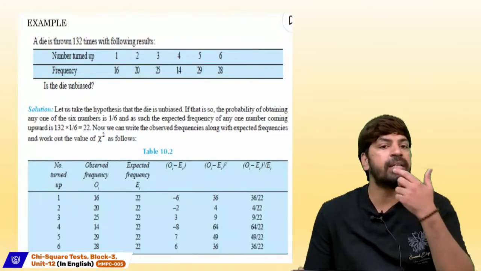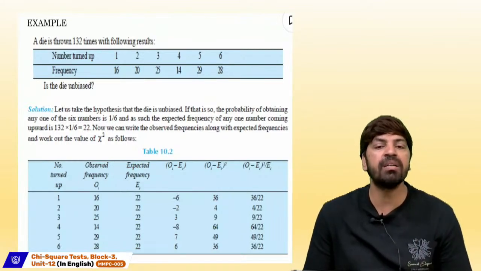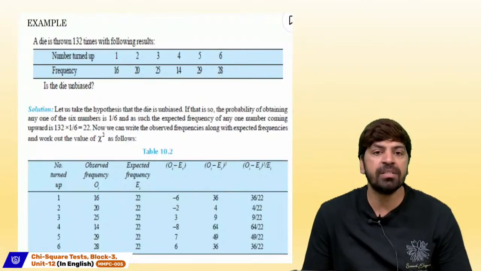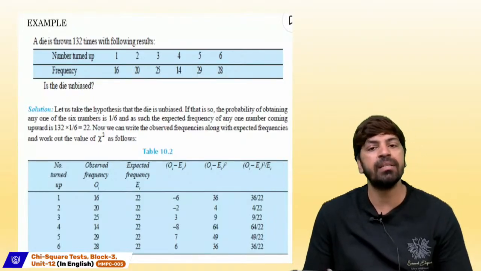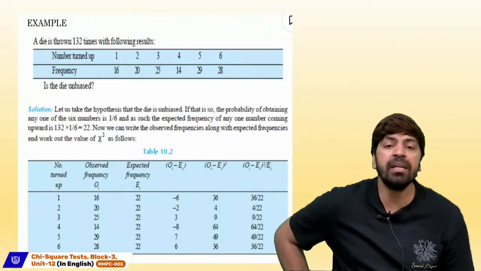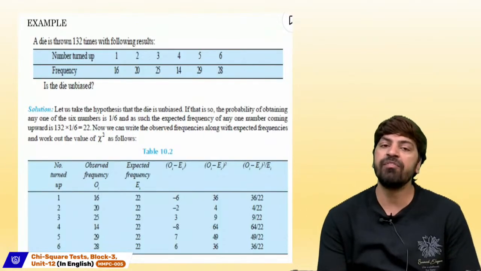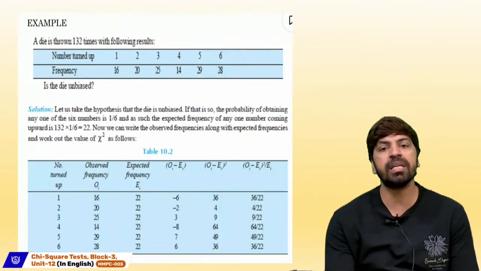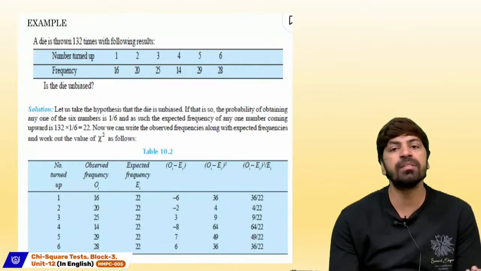So O minus E: 16 minus 22 is minus 6, 20 minus 22 is minus 2, 25 minus 22 is 3, then 14 minus 22 is minus 8, and so on. Then the next step is to square the difference of observed and expected frequency. So 6 into 6 is 36, 2 into 2 is 4, and so on.